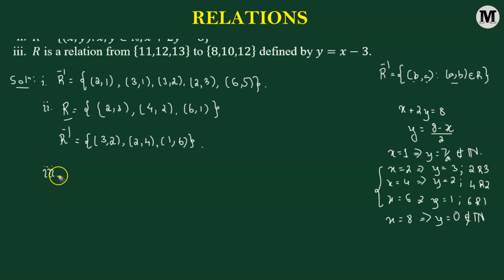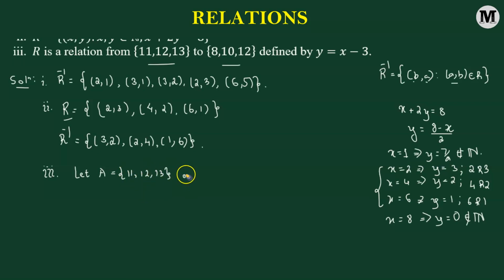Now in the third problem, we have R, a relation from this set to this set, which is defined by y equals x minus 3. So let us suppose by considering A to be the set containing the elements 11, 12, and 13.